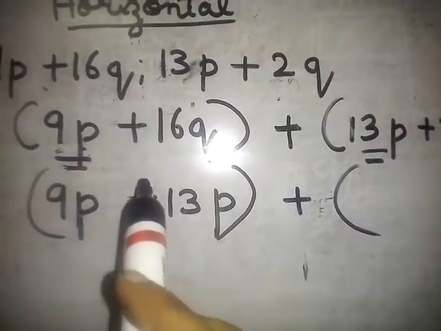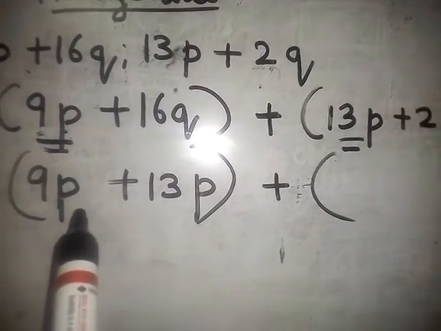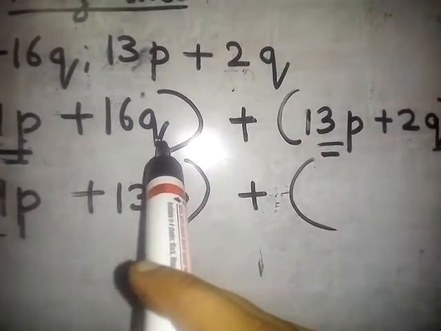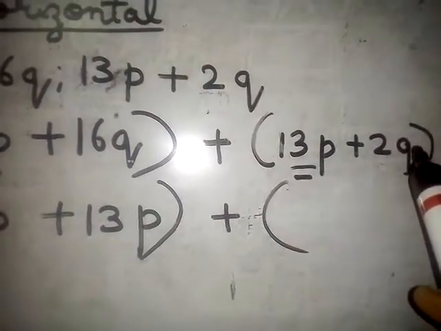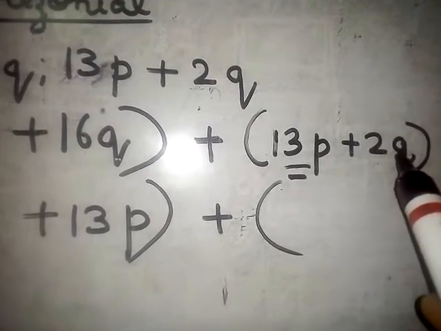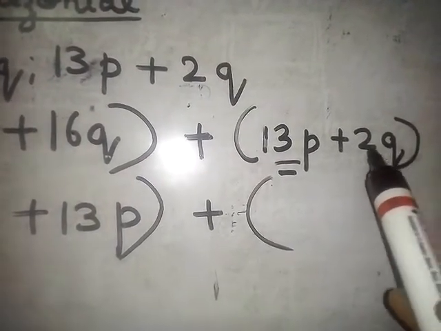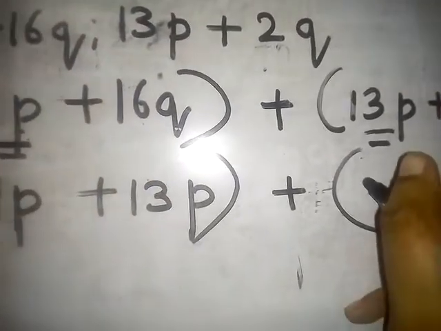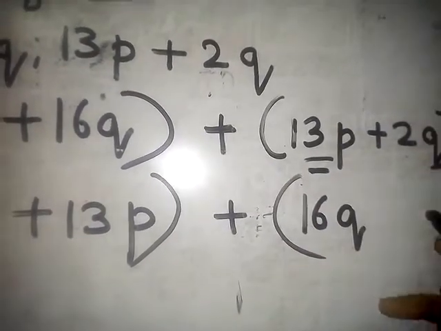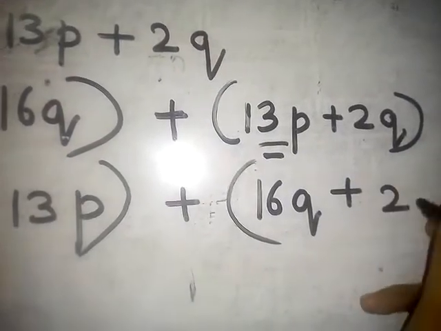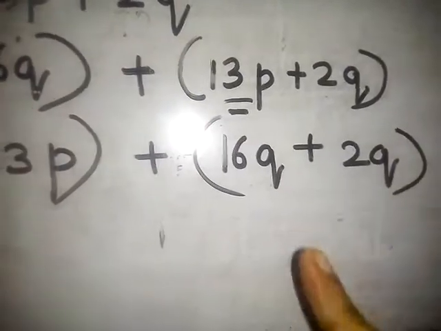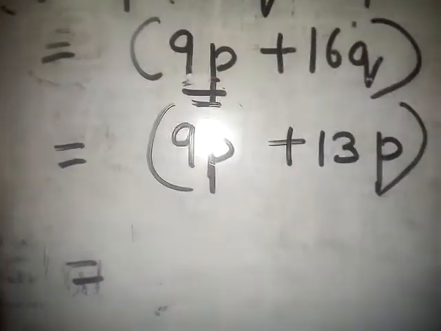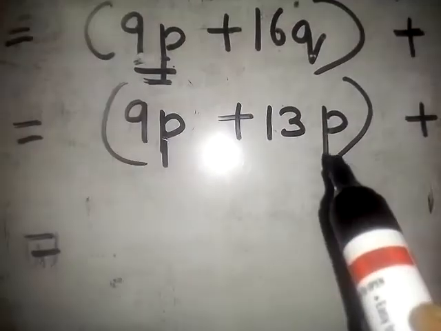Q. First one variable I have written together, that is p. Second one is q. Which number you have? 16q. And in the other binomial expression, which number you have with variable q? 2. So 16q plus 2q. Another variable when you are writing in like terms, that you have to write in the second bracket. So now you have to add this 9p plus 13p.